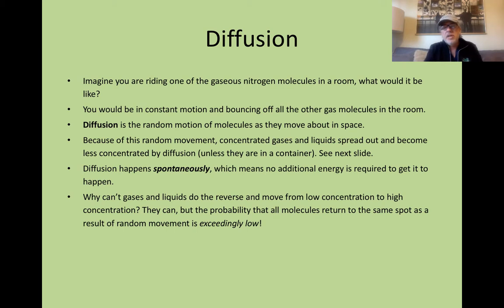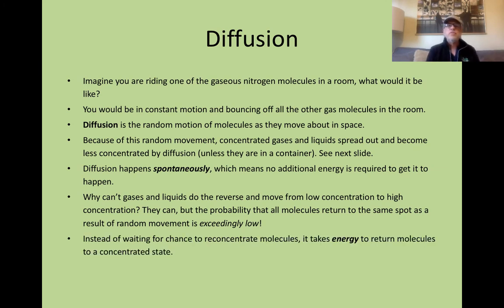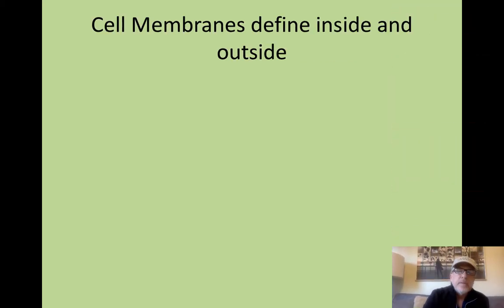They could, in theory, but the probability that all the nitrogen molecules in this room all end up in one part of the room and all the oxygen in the other part of the room is exceedingly low. So, in effect, it never happens. Instead of waiting for chance to concentrate something, when we want to concentrate molecules, we require energy to do so.